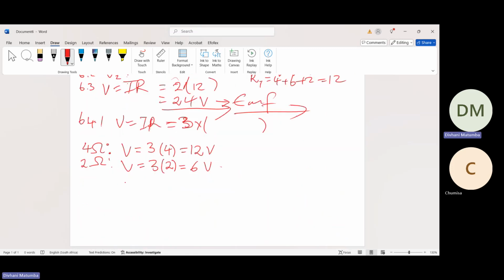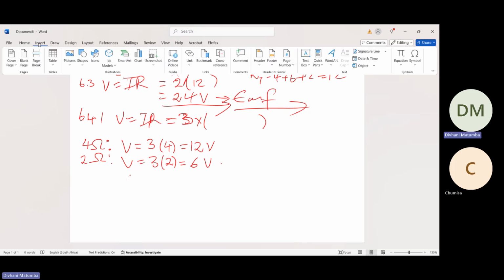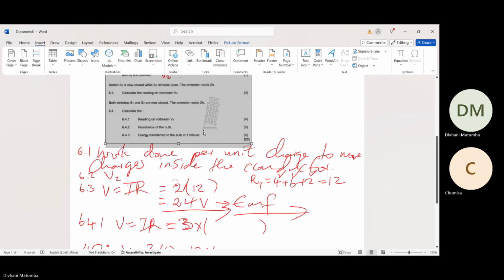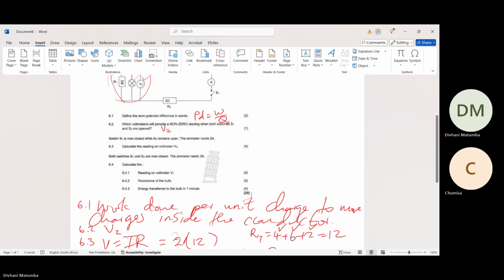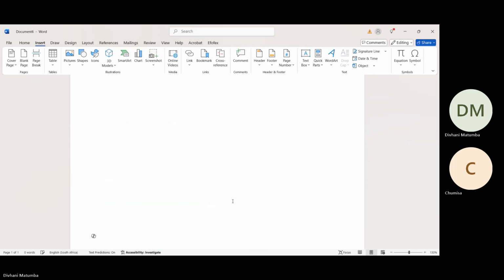Do you agree that the total EMF is what is it? It's 24. Yes, sir. So what will be the potential difference across the parallel connection?